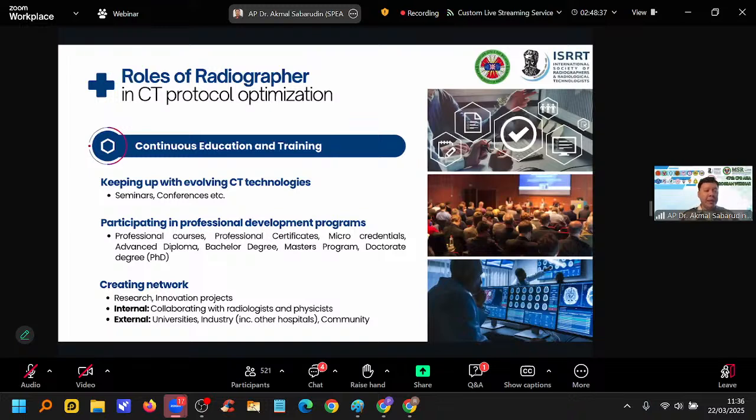This is important. I've seen a few questions asking about this network. If you get the best network partnerships with other universities and hospitals, then you can improve your practice and improve yourself, by doing research and innovation projects. This is a very simple thing.